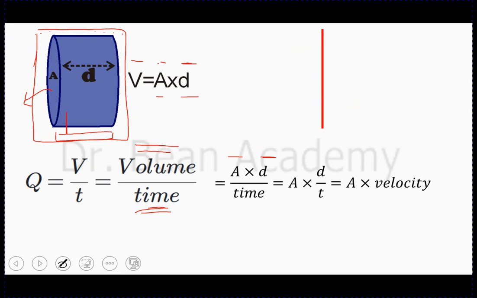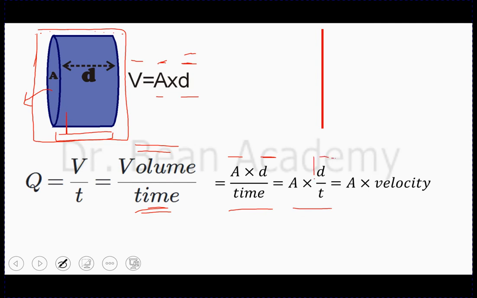I showed you a height in the volume formula, but here we are representing it as D. So I can write the volume as A, the area of the circular face, multiplied by the height of the cylinder, or here D. So I can write it as A cross D over time. Now further I can write it like A cross D over T.